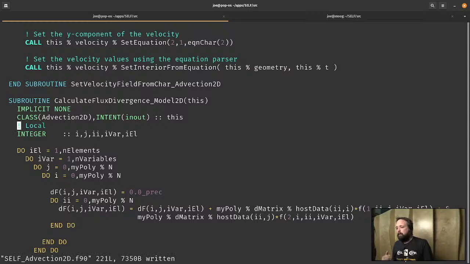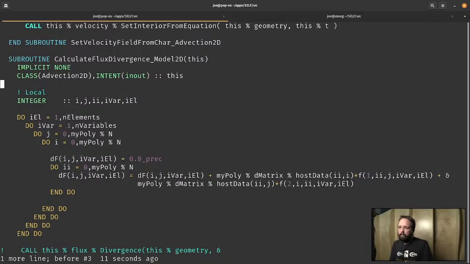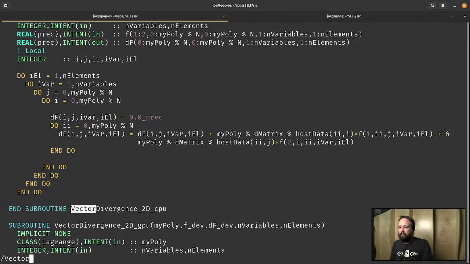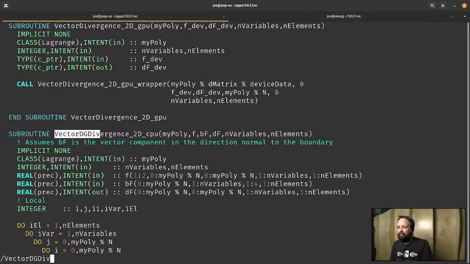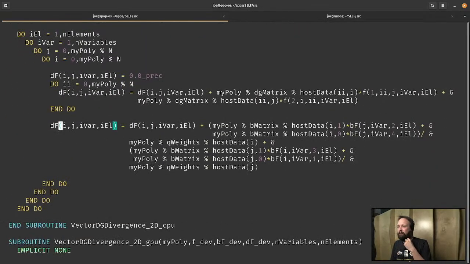So what did we say we wanted to do? Right now, like I said, I'm doing conservative form. Whoops, this is actually strong form here, so I grabbed the wrong one. I want vector DG divergence. Okay, there we go. Now I've got my actual one.